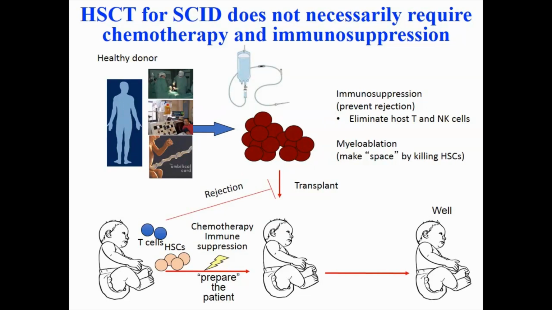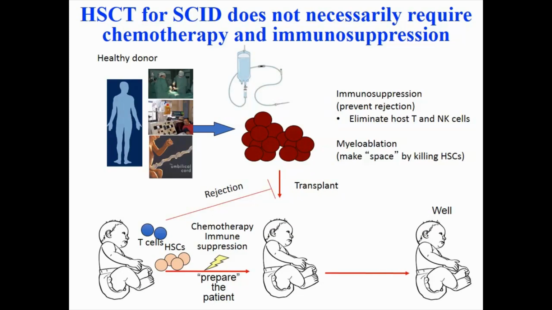To do that, typically you use chemotherapy because you want to ablate the stem cells and introduce the stem cells from the donor. You use immunosuppressive agents because otherwise the T cells from the baby would eventually reject the donor stem cells. That is called conditioning to prepare the patient. And so the patient would receive the transplant and then hopefully, if everything goes well, that cures the disease.